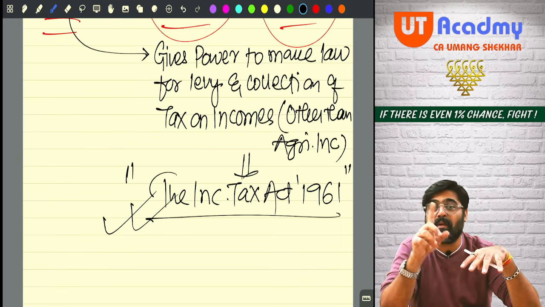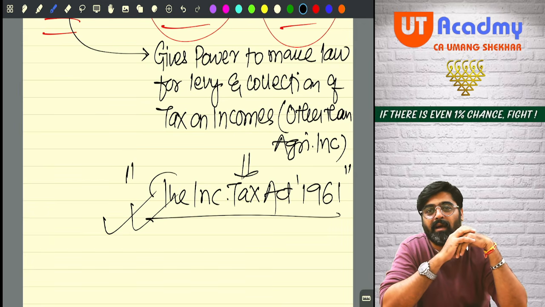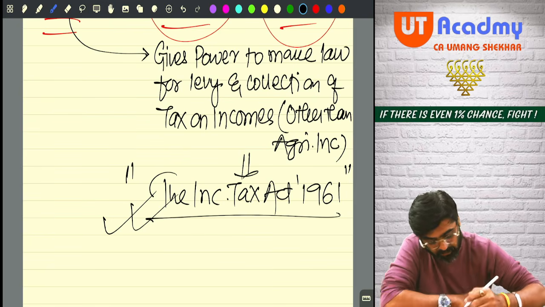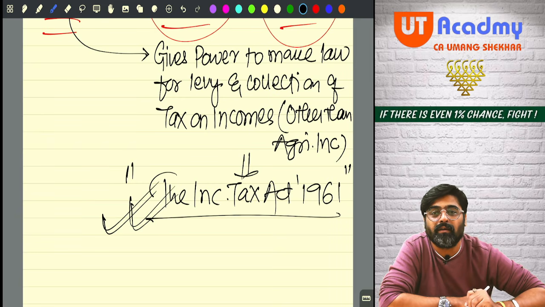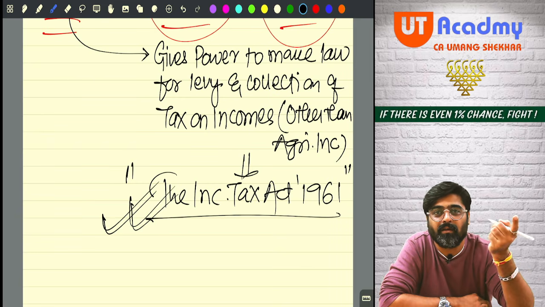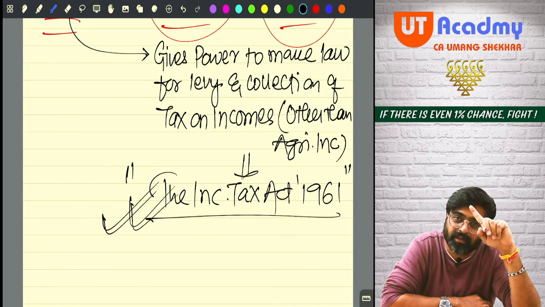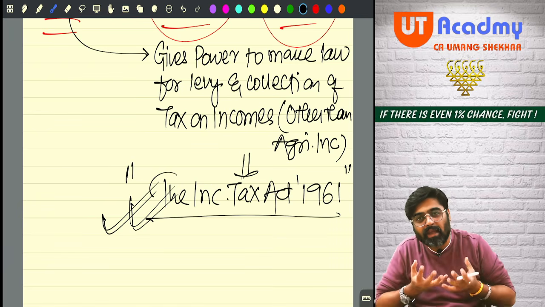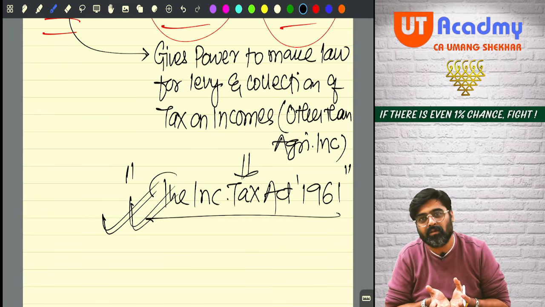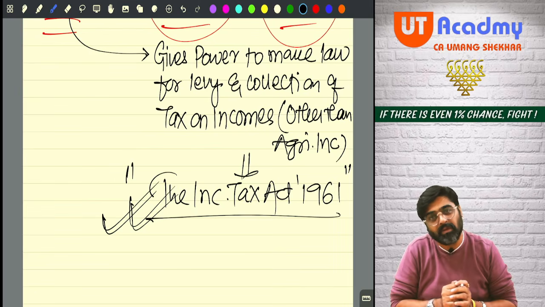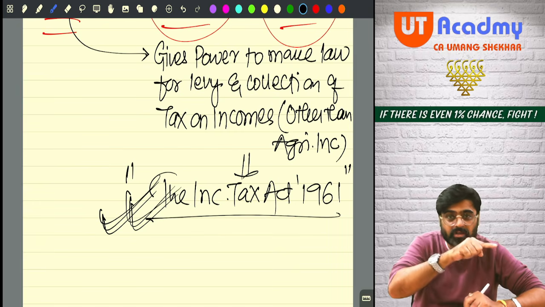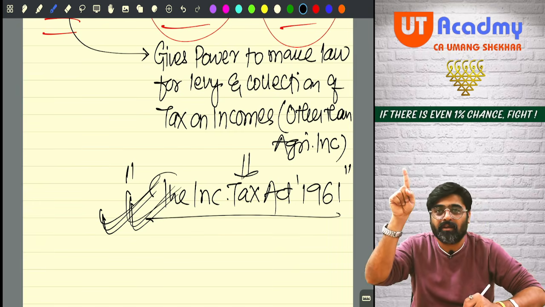For example, if I'm in Kerala, I'm earning income in Kerala. Will I pay income tax on that income? Yes, as per this Act. To the Kerala government or to the central government? Central government. If I'm in Gujarat, will I earn income here? Yes. Will I pay tax on this income? Yes, as per this law only. But to the Gujarat government or the central government? Central government.